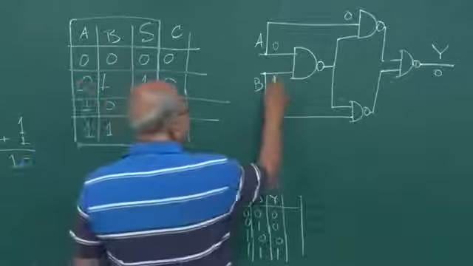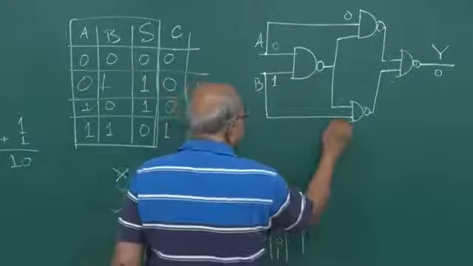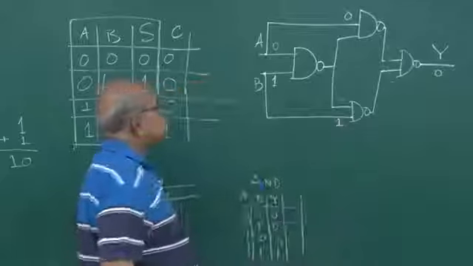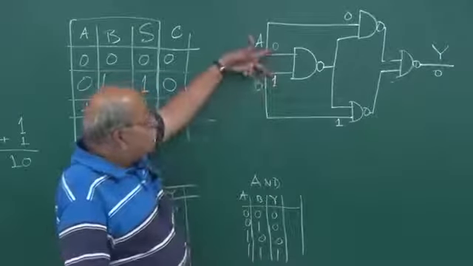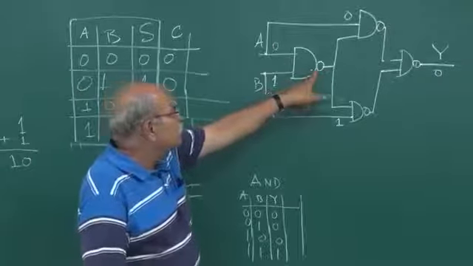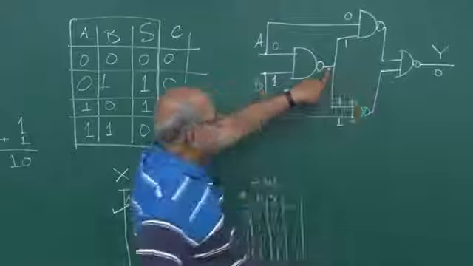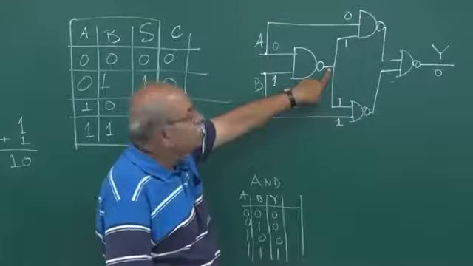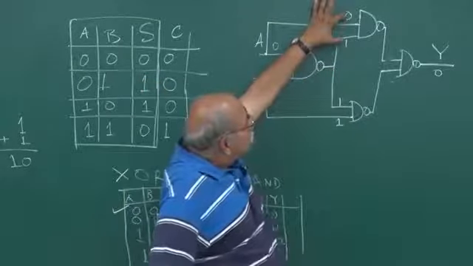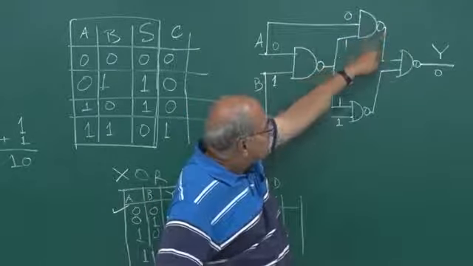So this is 1. And this 1 goes here. So this will be 1. 0 and 1 is 0. So here it is 0, here it is 1. And therefore this is 1 and this is 1. And then 0 and 1 is 0. So here it is 0, here it is 1. So this is 1.